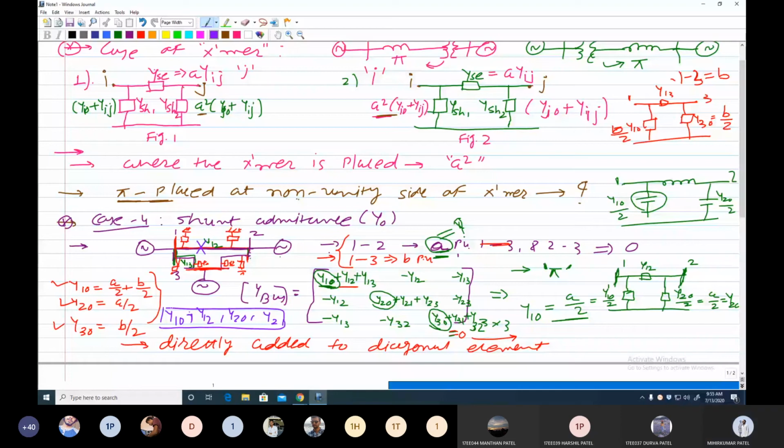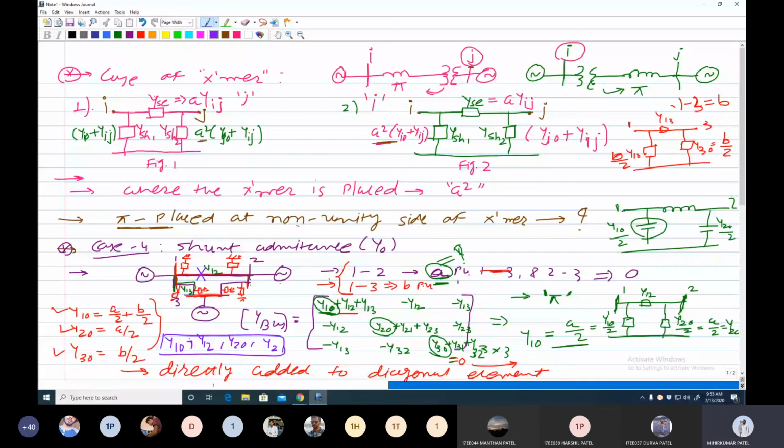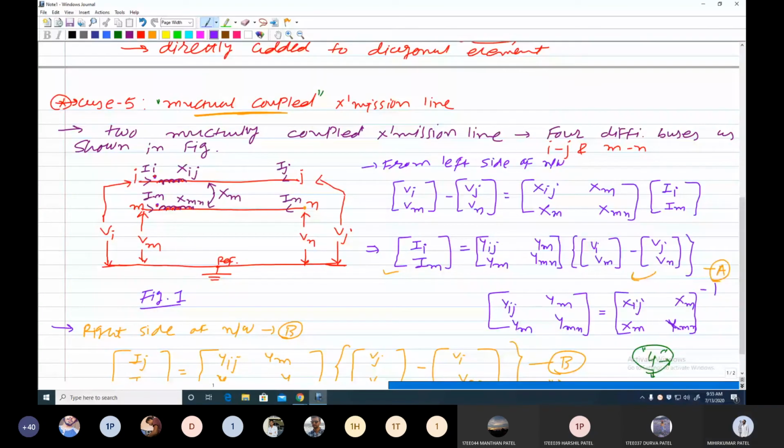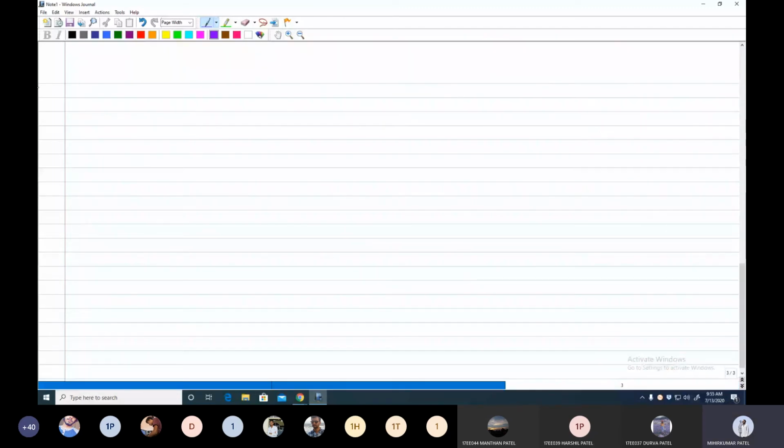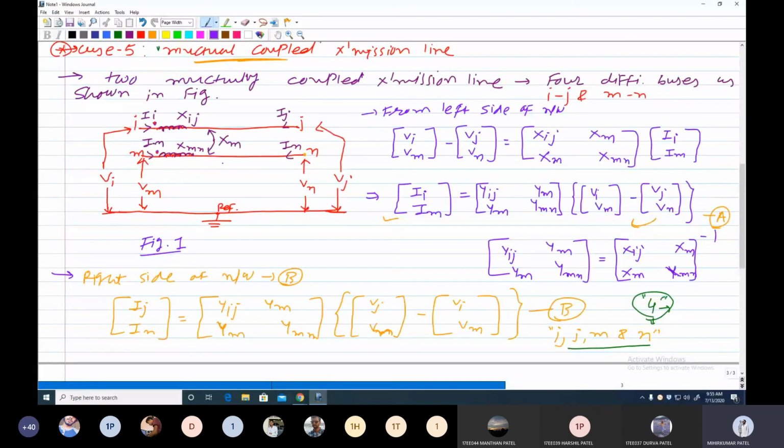Similarly, if we have this 4 bus network, then total elements affected are 4 into 4, so total 16 elements get affected if we consider the mutual coupled line.